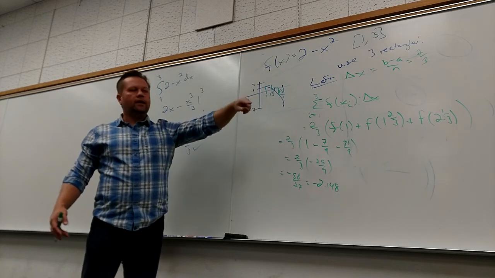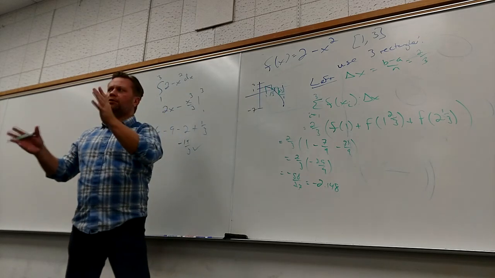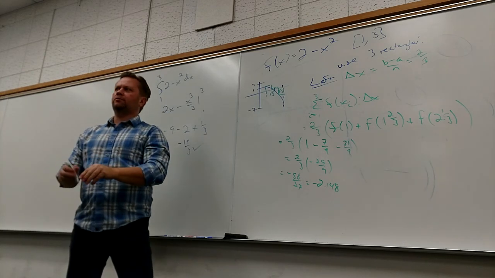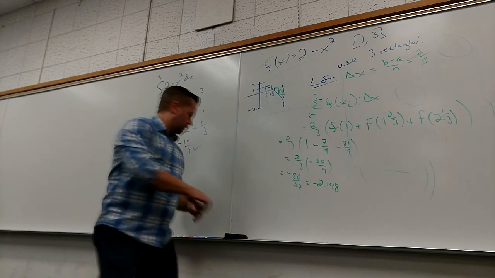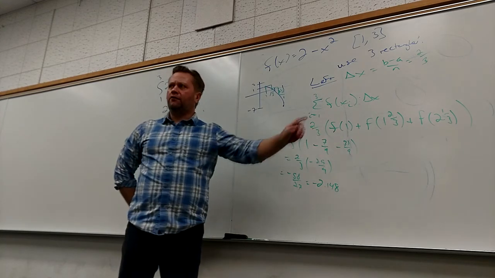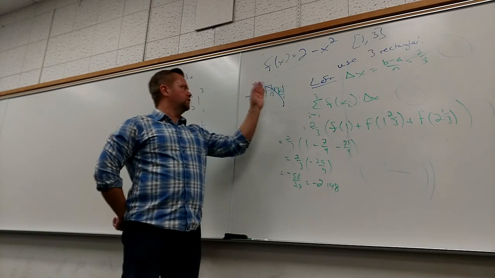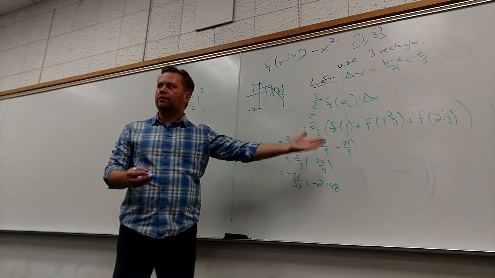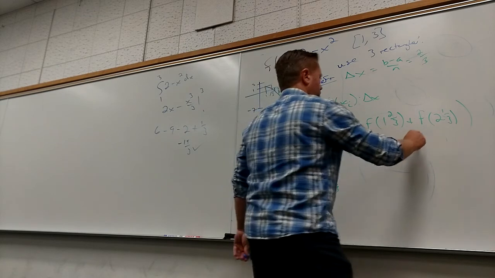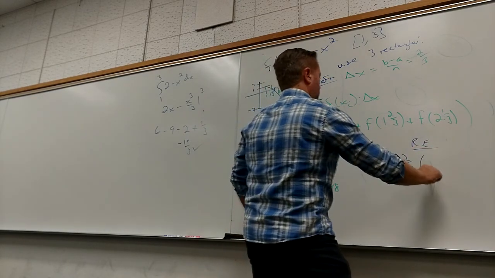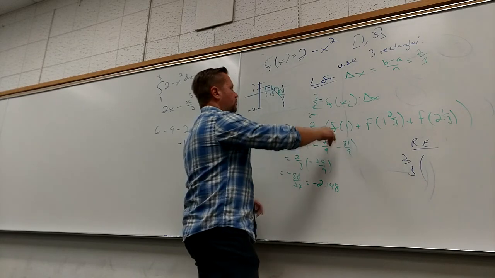And then if I do right endpoints, what's the only real thing that changes? Instead of f of 1, I'm going to have f of 3. I don't use this, but I do use that. So I've already got most of the work for right endpoint done, don't I? So for right endpoint, it's going to be 2/3 times, what's f of 3?